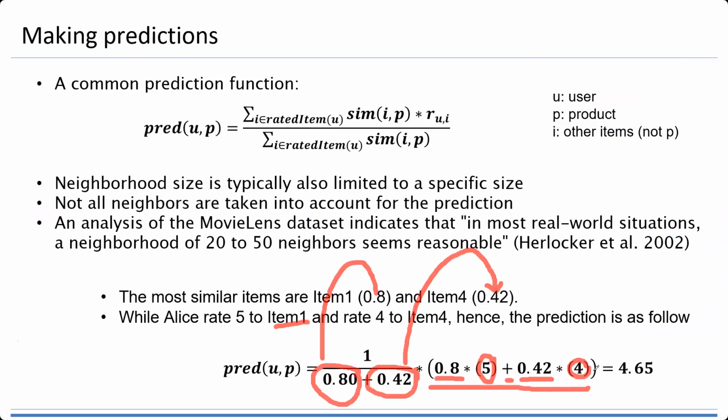After I have this calculation, I divide by this value, so this is the rating prediction: 4.65 based on the ratings given by Alice Roberts.